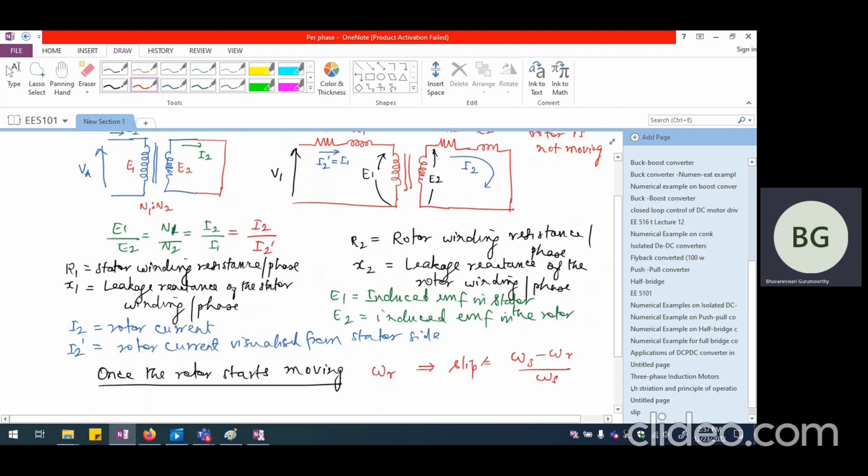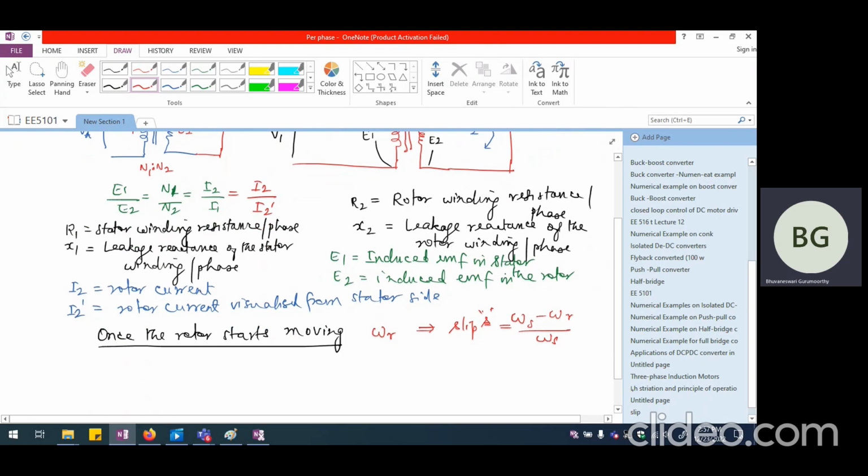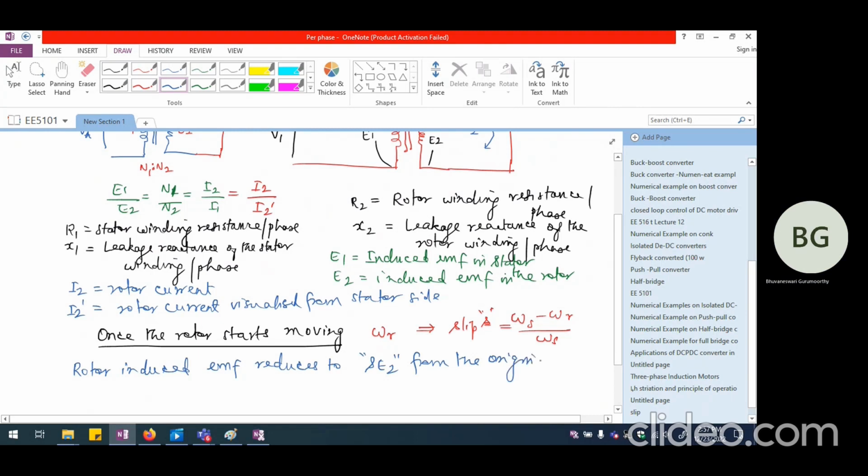And this slip is the one which is going to play a vital role in deciding how much is the induced EMF. So once the rotor starts moving, the rotor induced EMF reduces to S times E2 from the original E2. So originally it was E2, now it is going to be S times E2.